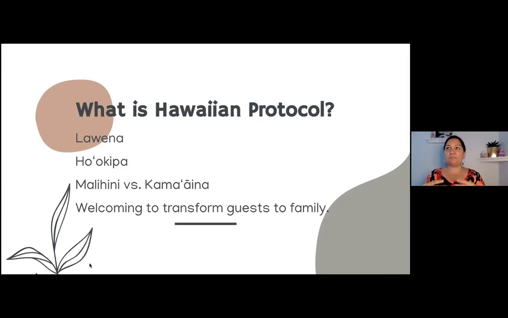And that comes from a more formal part of protocol, which we call the oli kahea and the oli komo, right? So the oli kahea is the chant that is done to call out, to ask permission to enter. That hui comes from that, right?